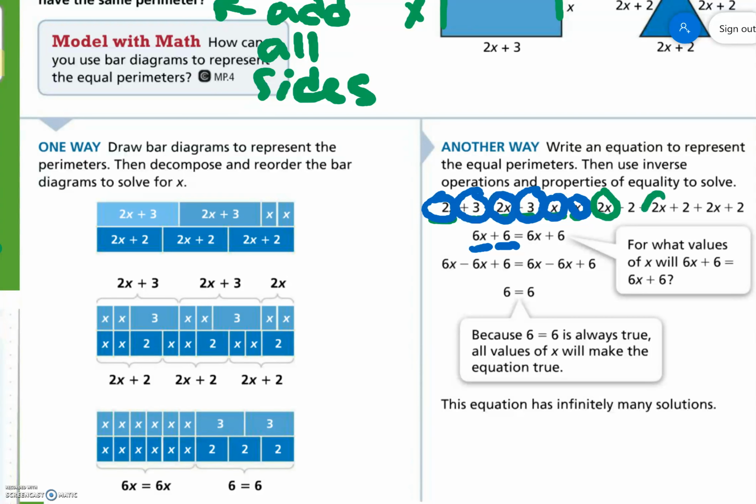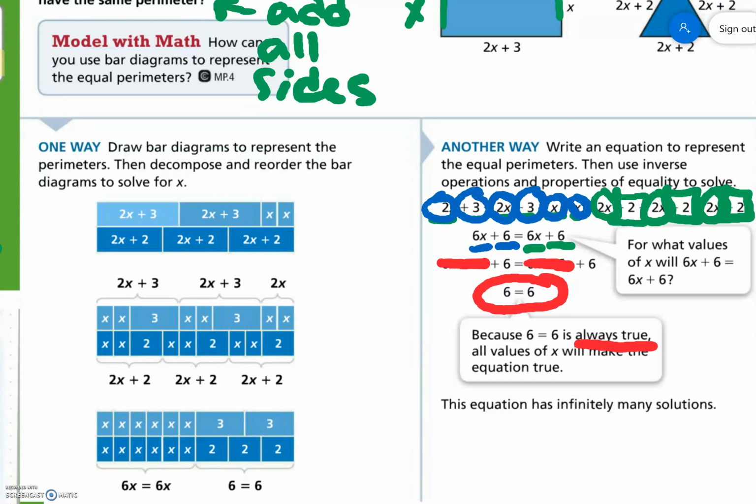Combine like terms, 2x, 2x, and 2x gives me 6x, and positive 2, positive 2, positive 2 gives me 6. Solving for x, we want the x's on one side, so we're going to subtract 6 from both sides. Well, 6x minus 6 cancels out, and 6x minus 6 also cancels out. So the answer is 6 equals 6. Since that is always true, there are going to be infinitely many solutions.